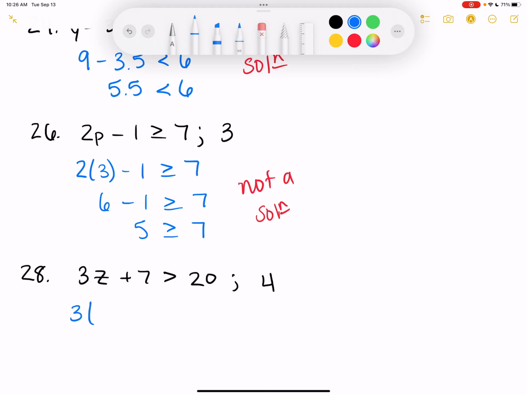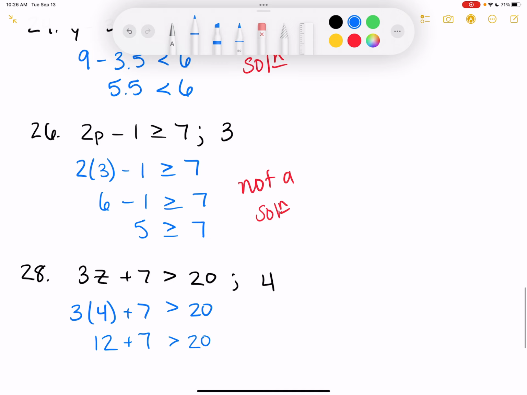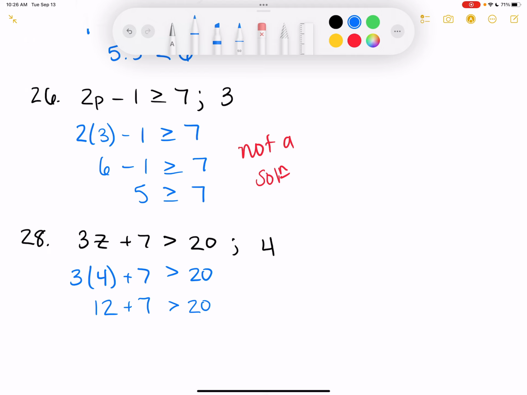So 3 times 4 plus 7 greater than 20. So 3 times 4 is 12. So 12 plus 7 is greater than 20. 12 plus 7 would be 19. It says it's greater than 20. Is that true? No. So that one is also not a solution.